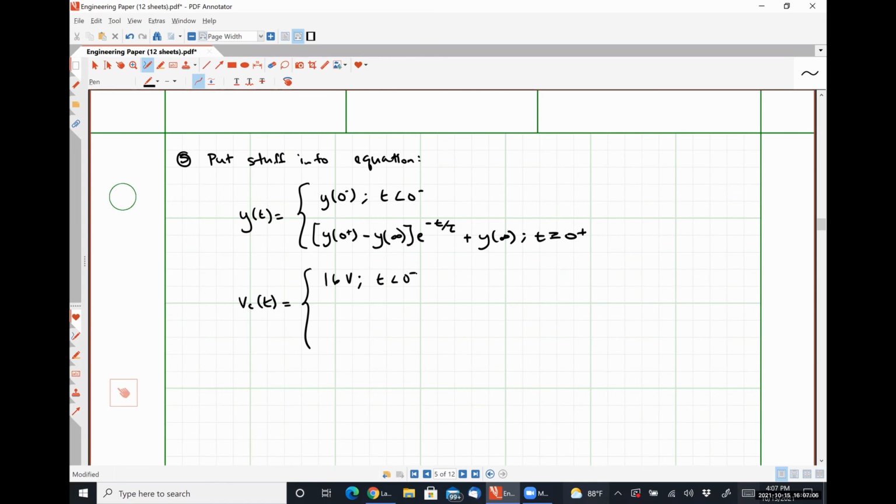The voltage at t is equal to infinity was 12 volts. So 16 minus 12 is 4. So we have 4 e to the negative 10/9 t plus 12 volts for t greater than or equal to 0 plus.